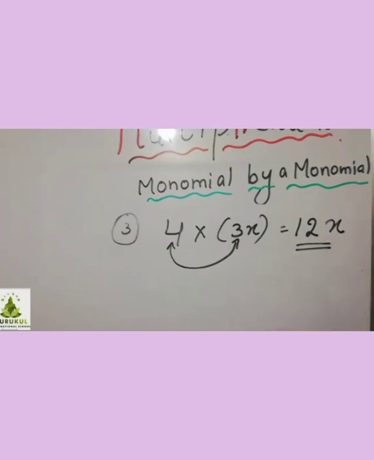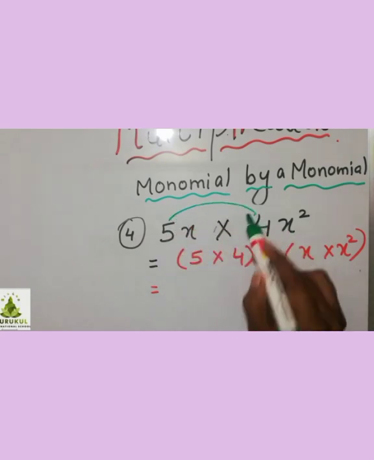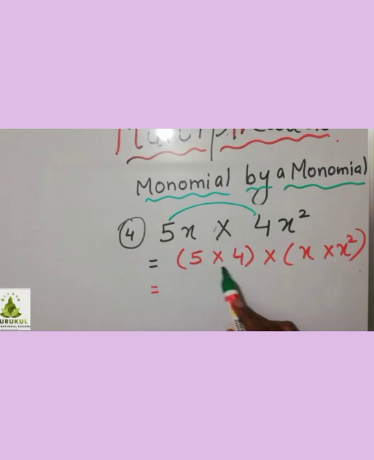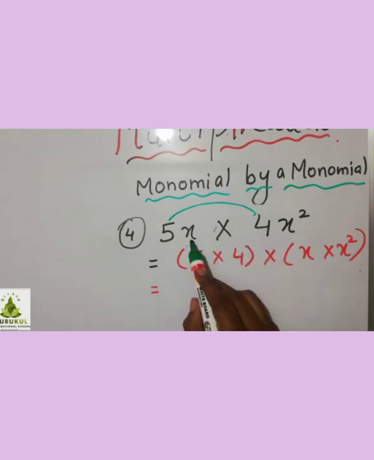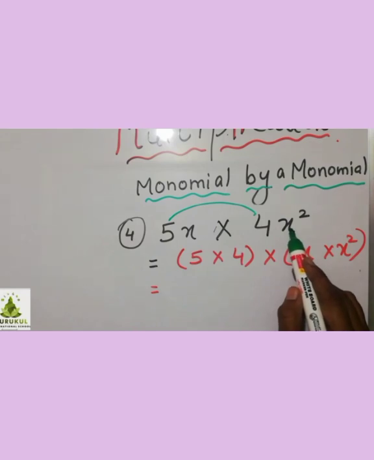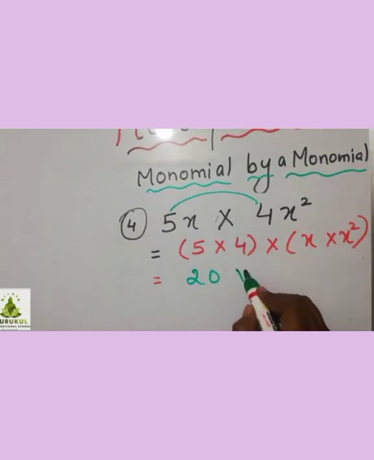Copy down this. See here 5x into 4x square, monomial by a monomial. Multiply the coefficients. In the first bracket I multiplied the coefficients, 5 into 4. Now what is remaining here? x, and x square is remaining here. So I will first multiply this. I got here 20. Now what is the operation here? Into.